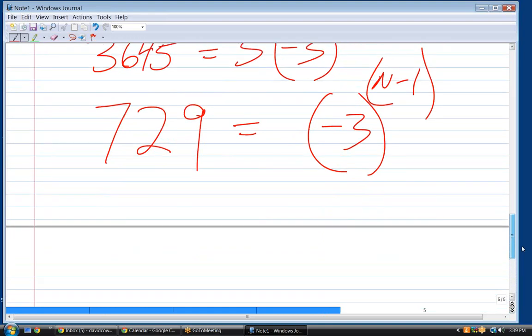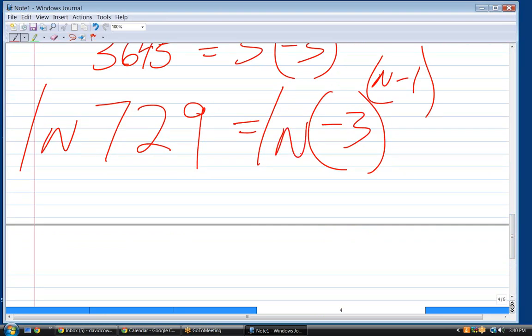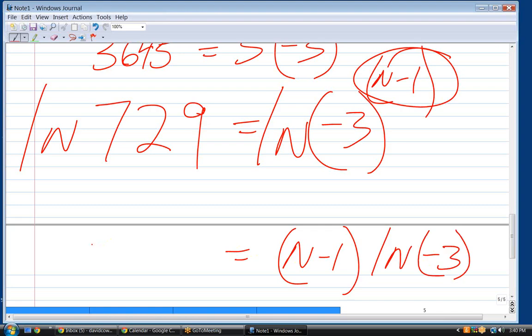Let's take the natural log of both sides. Now that allows me to bring that exponent down on the fraction line. I don't like that. You can't take the log of a negative number.